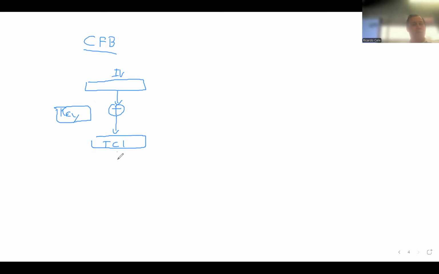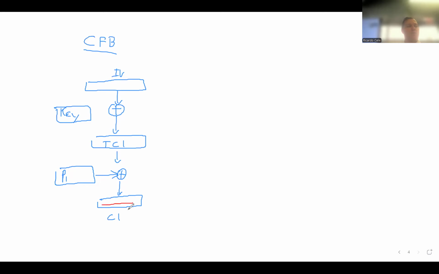And then after that, you introduce the plain text, P1, and that gets XORed. So you can see it's literally the same thing that you're doing, but you're changing a little bit the order or the pieces that go in and out. There are different reasons why they've done that. So this is cipher 1, and that would be the block that we want to use.